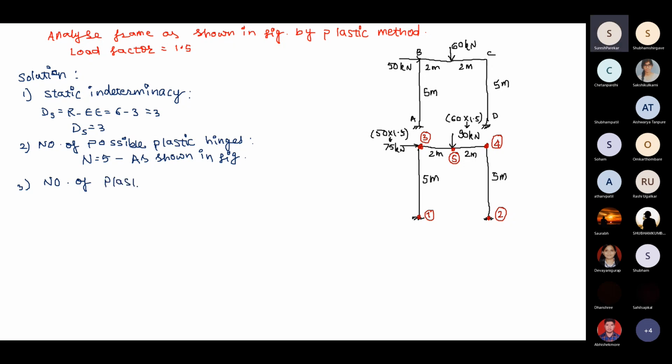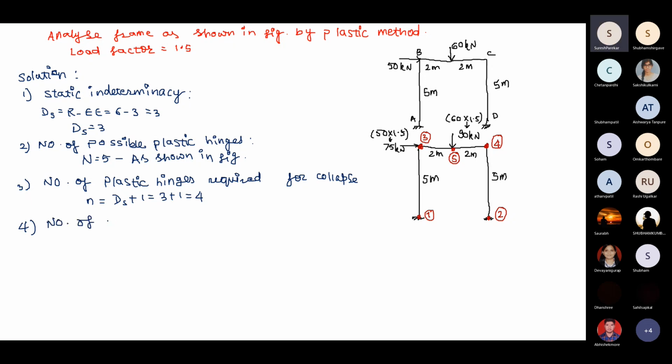Number of plastic hinges required for collapse: N equal to ds plus 1, so it comes 4.